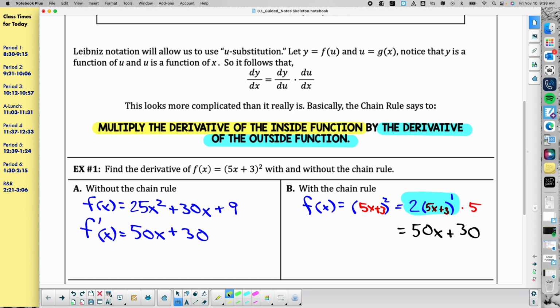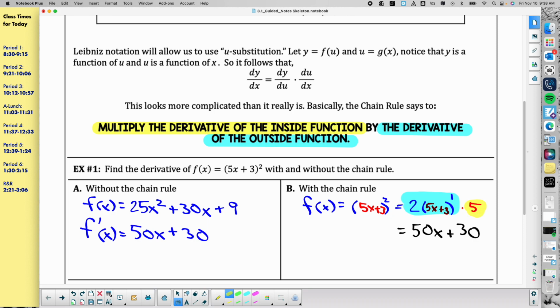Why do we know the square is the outside function? I don't know, literally outside? If something is in a grouping symbol, so like a parentheses, a brackets, a root symbol, if it's somehow grouped together, that's what we would consider the inside. Because the grouping symbol is what would have replaced the x.